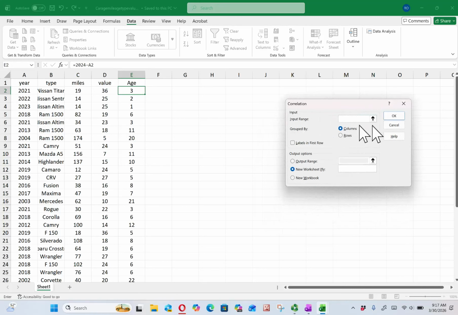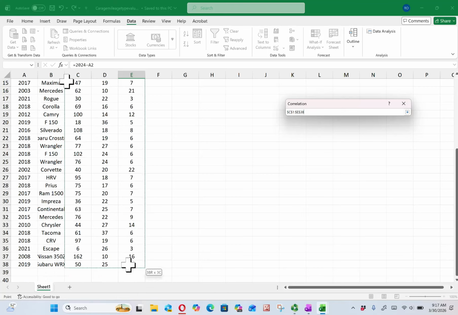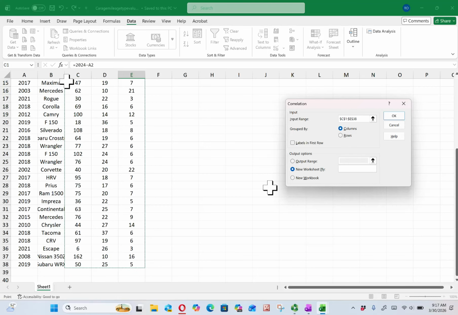It wants one thing. It wants input. And we're going to mark everything, including the titles, miles, age, and value, all the way down. Since I included the titles of the columns, I'm going to click Labels in First Row.